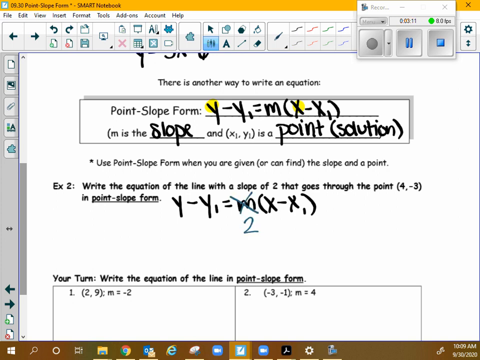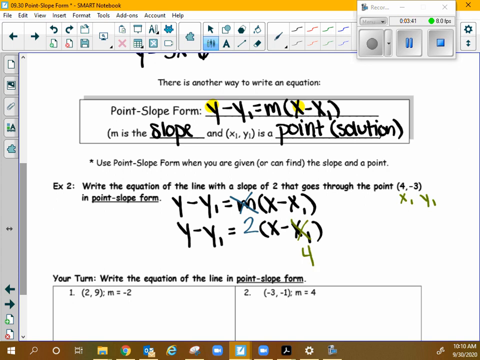2. Great. So now we have y minus y1 equals 2 times x minus x1. Wonderful. But we also have this point. It's going to go in for x1 and y1. So my x value is 4, so I'm going to replace this with 4.